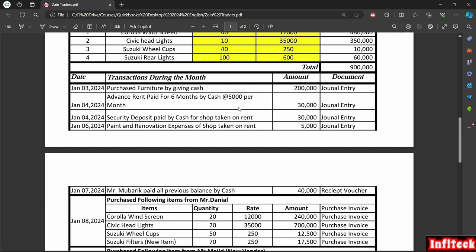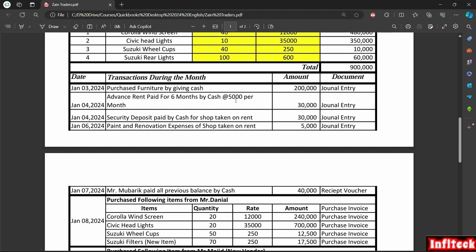Now I don't know if you know the prepayments concept or not, but a prepayment is actually an expense that is not expensed out yet. For example, if you have paid the advance rent for 6 months at the rate of 5,000 per month, although the rent is an expense, right now this is an advance that is kept by your building owner, right? So it's not expensed out yet.